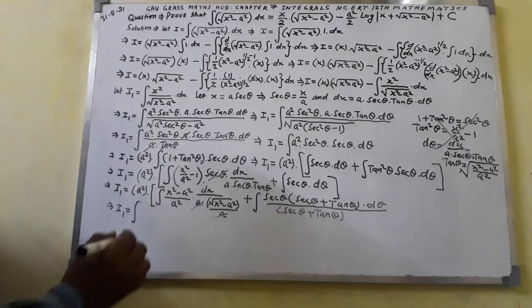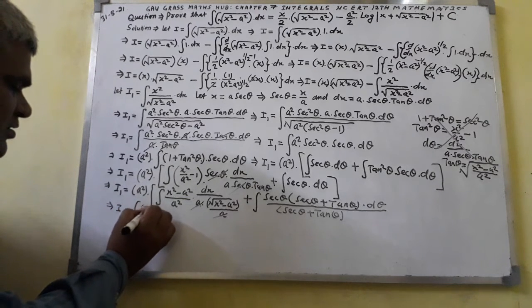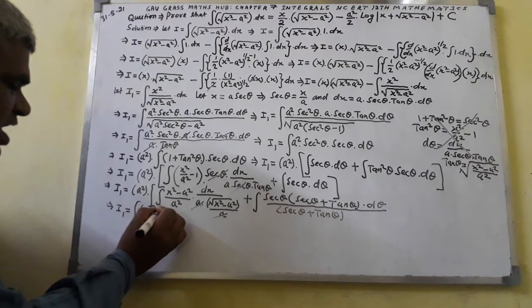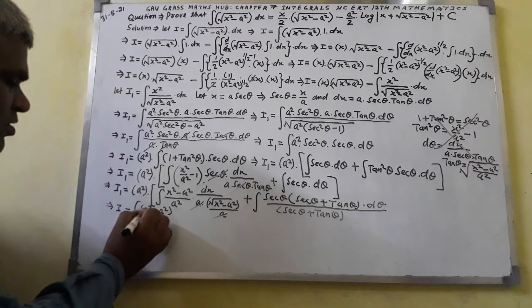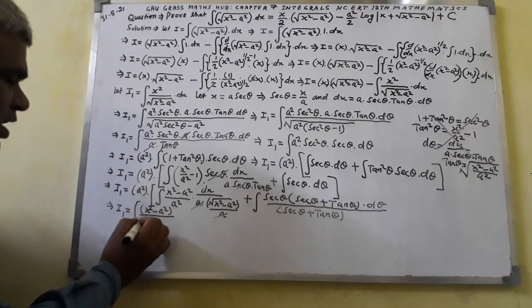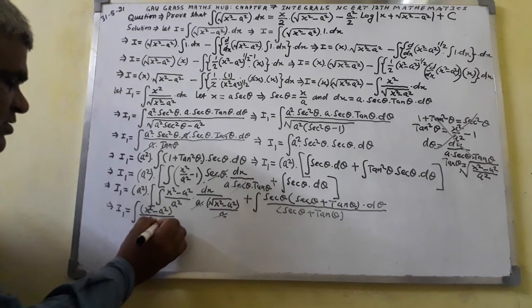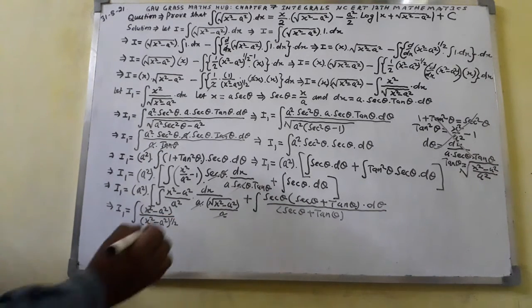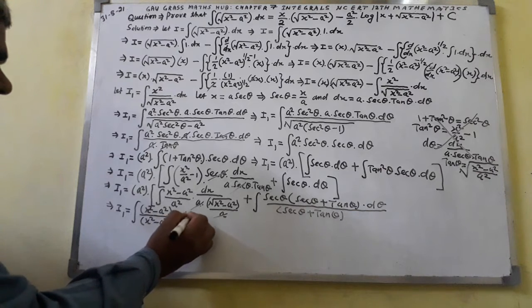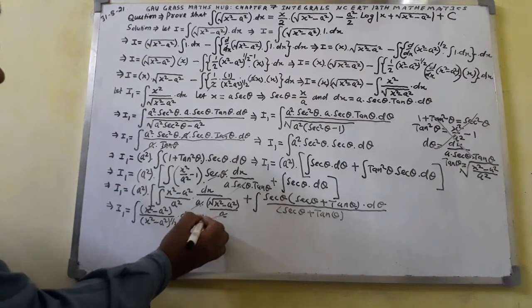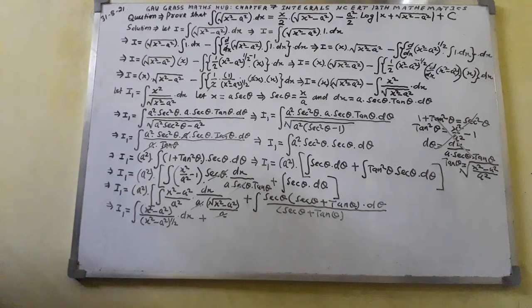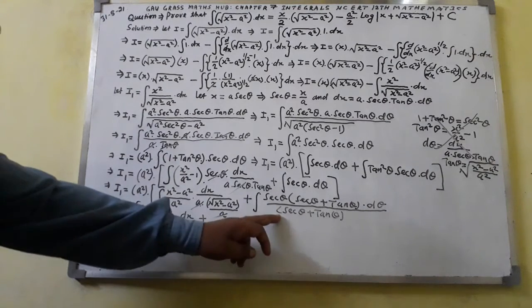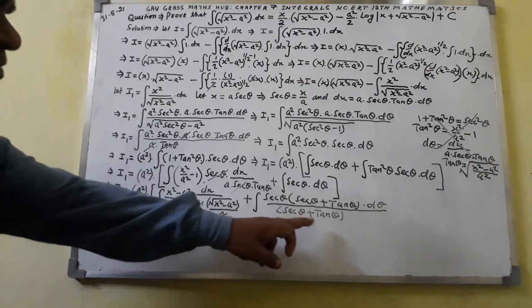You will get here x square minus a square whole over x square minus a square raised to the power 1 over 2 dot dx I shall write, plus, and here you will get the whole term sec theta plus tan theta.